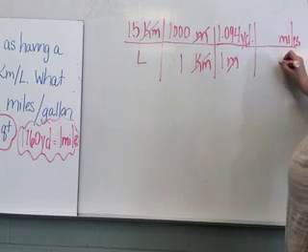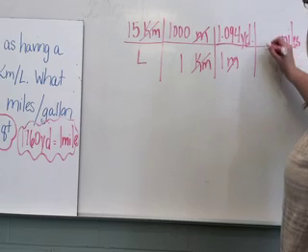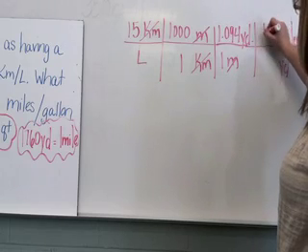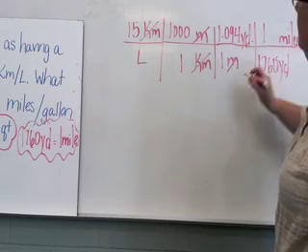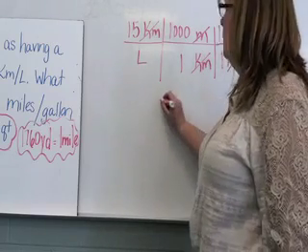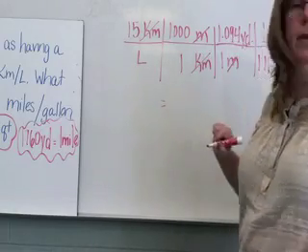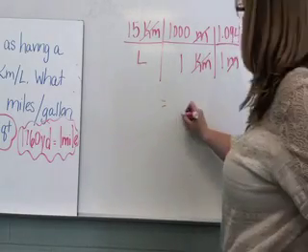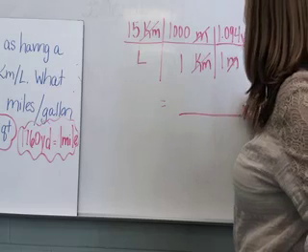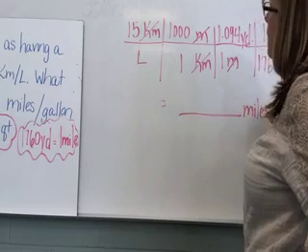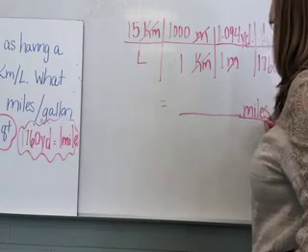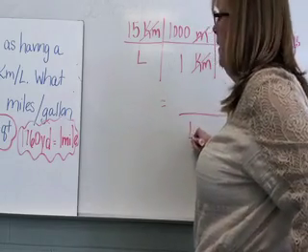And we're going to put yards down here. There is, in a mile, 1760 yards. When we do all of that math, we will get a value that will tell us how many miles we have, but our denominator is still in liters.